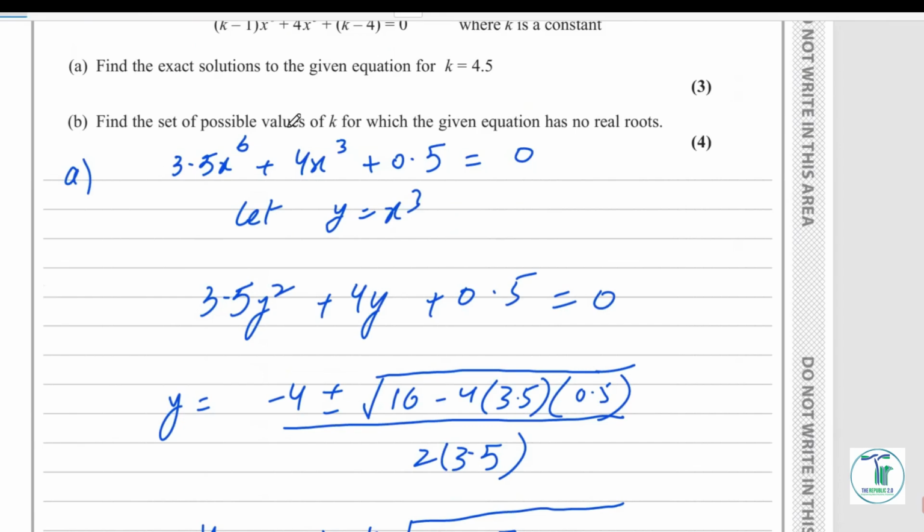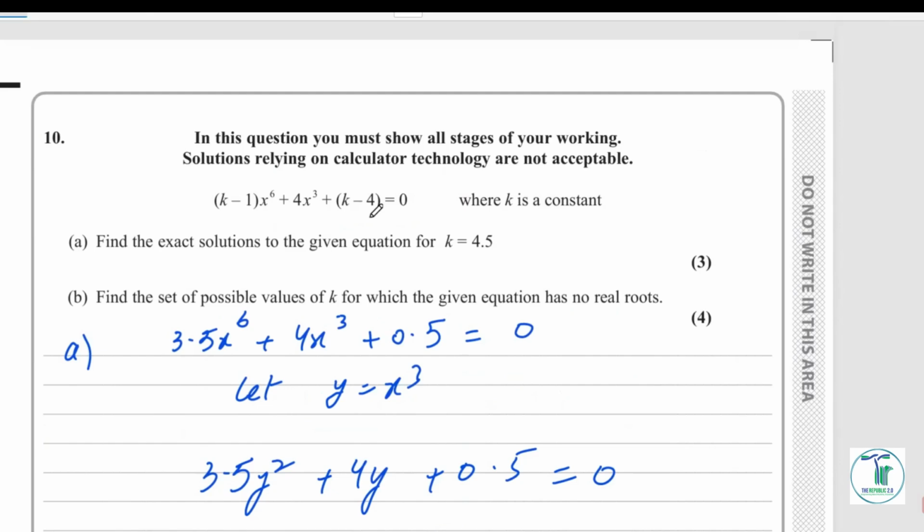Now find the set of the possible values of k for which the given equation has no real roots. So we need to solve this equation for which it has no real roots. No real roots means that its discriminant must be less than 0, right?